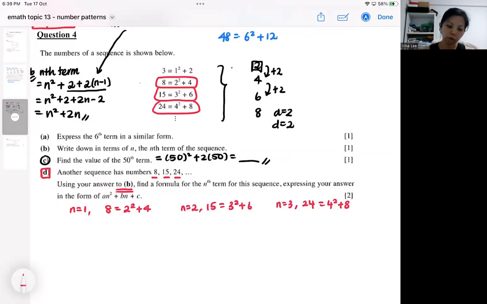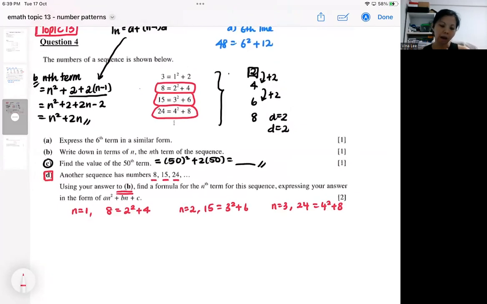Usually in such a case, if I want to use the answer to part B, I will replace this by n plus 1.